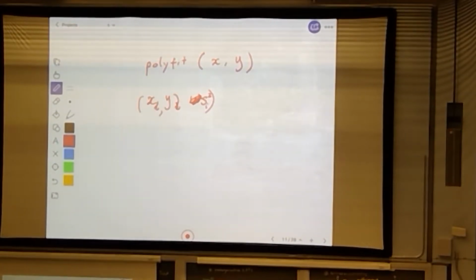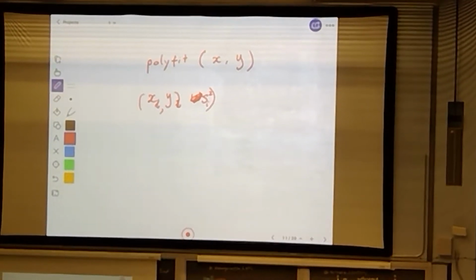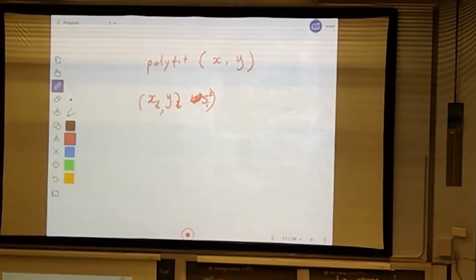xi, yi, si. From what you have learned, weighted least square is just least square on weighted data. So this actually takes another parameter called p. What's the order you want to do, right? Now, how would you call this function to get your new weighted least square solution?